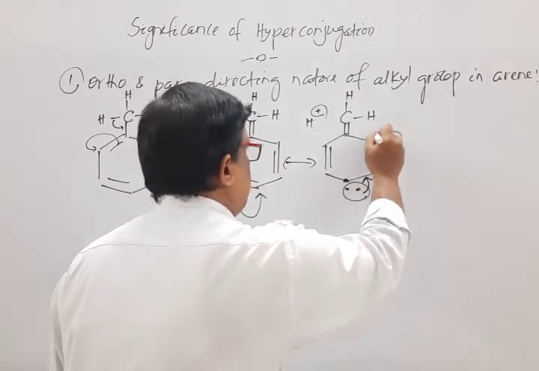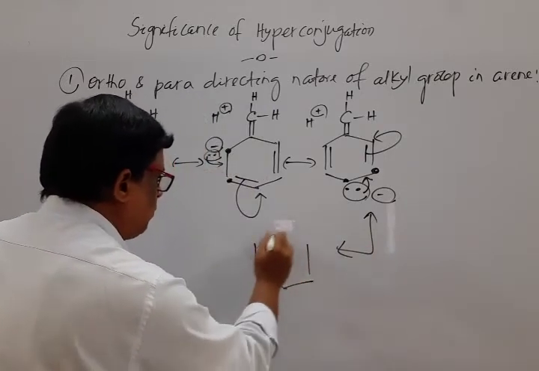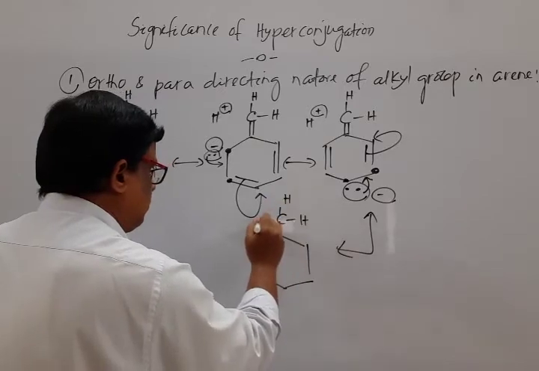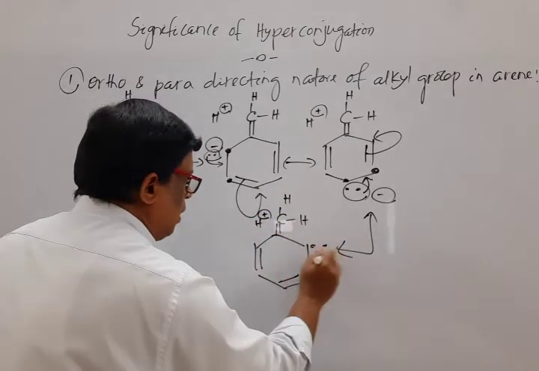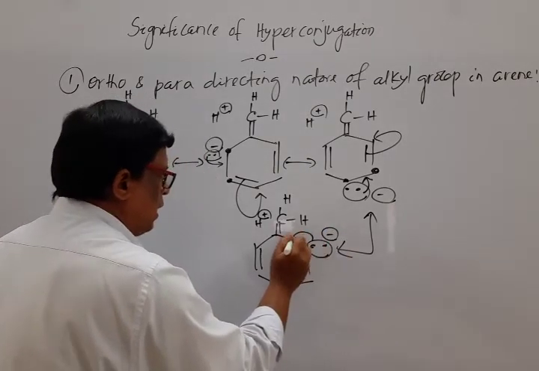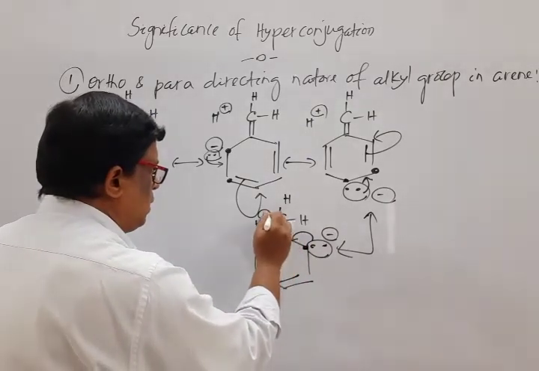As a result, the bond transfers here. Mark that. This is the double bond, and now it is negative. In order to satisfy tetra covalency, again the pair shifts and this bond breaks.